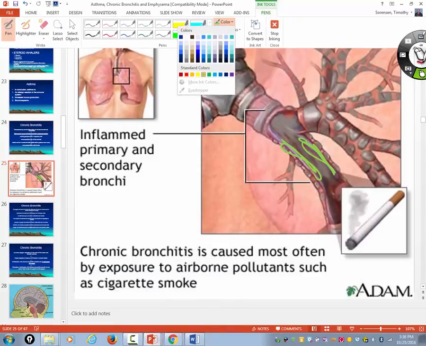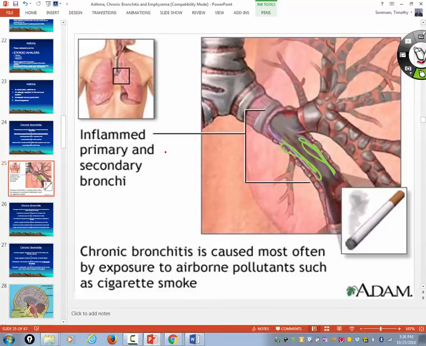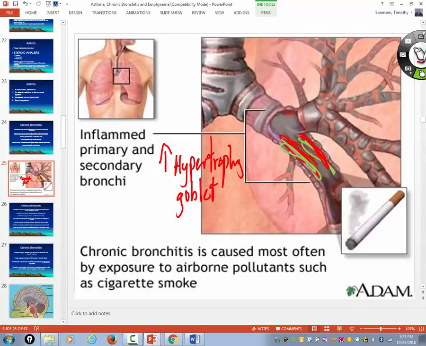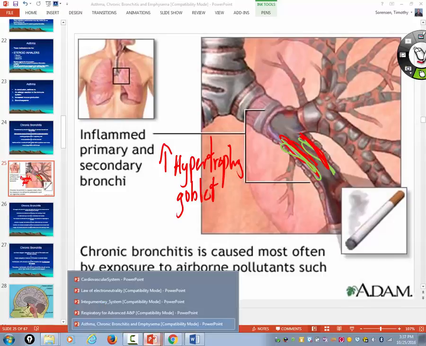Regular cigarette smoking does two things. It paralyzes cilia, and it causes hypertrophy of goblet cells. So goblet cells actually get bigger, and they increase in number. So these people are making a lot of mucus. So they paralyze the cilia, so the mucus can't move, but now they're making more of that mucus. So that mucus tends to lodge itself in the lower airways.